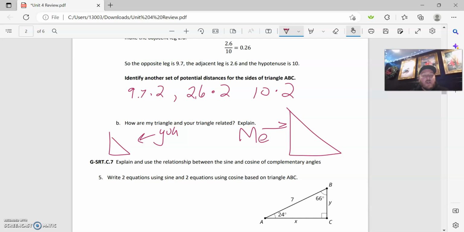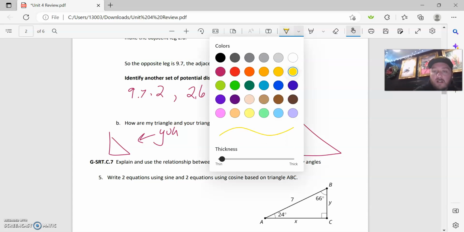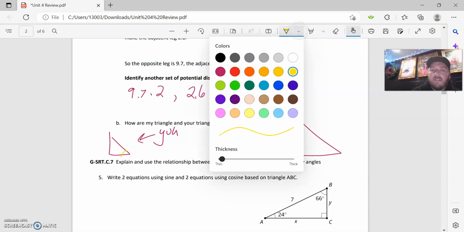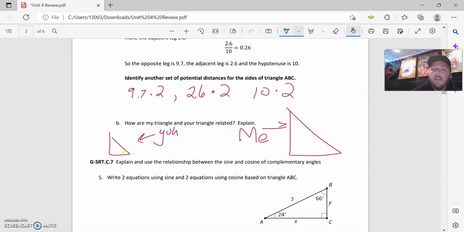How are they related? Well, the relation is that if I pick this angle right here, that bottom right corner, I know that they're congruent because they're similar triangles. If I'm going to use that as my theta, that's the angle I want to focus on.